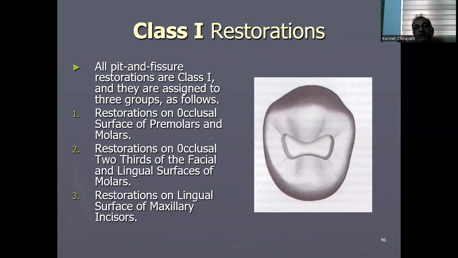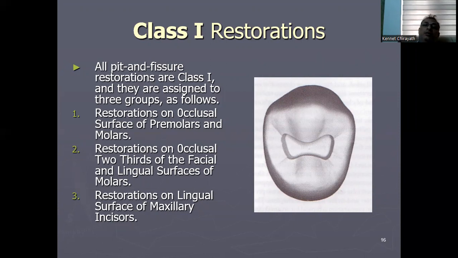All the pit and fissure cavities on the occlusal surface of molar and premolar, restoration on the occlusal two-thirds of the facial and lingual surface of the molar, restoration on the lingual surface of the maxillary incisor.